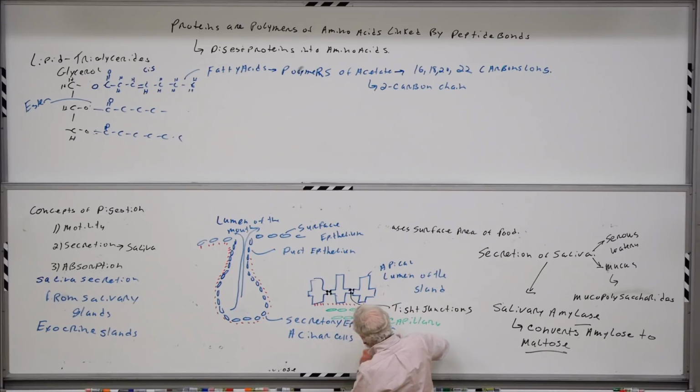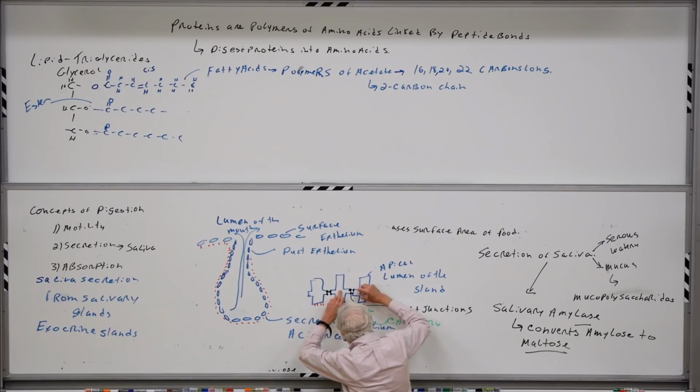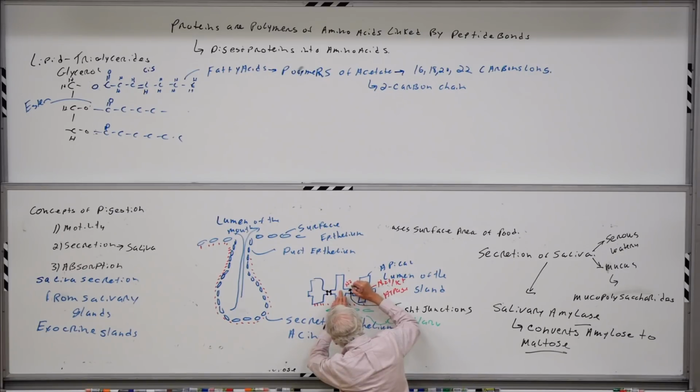And then right down here, right below this cross, where these two cells come close together into this narrow opening, we find on this membrane a sodium-potassium ATPase. The net effect here is to pump sodium out into this extracellular environment.